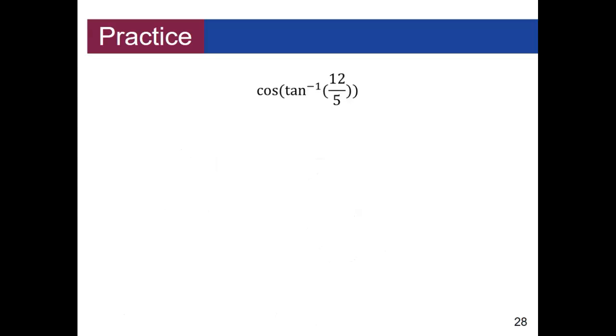Okay, here's one for you to practice. Build your triangle, then answer your question. Okay, on this one, when we build the triangle, our opposite, because this is opposite over adjacent, opposite is 12, adjacent is 5, so we don't know what this side is.